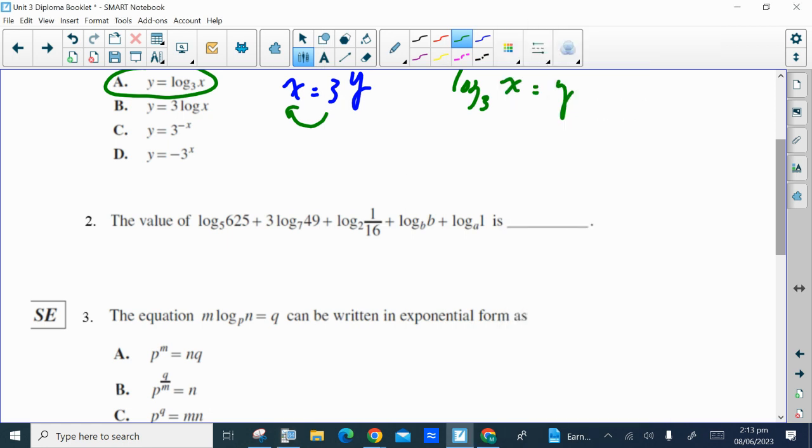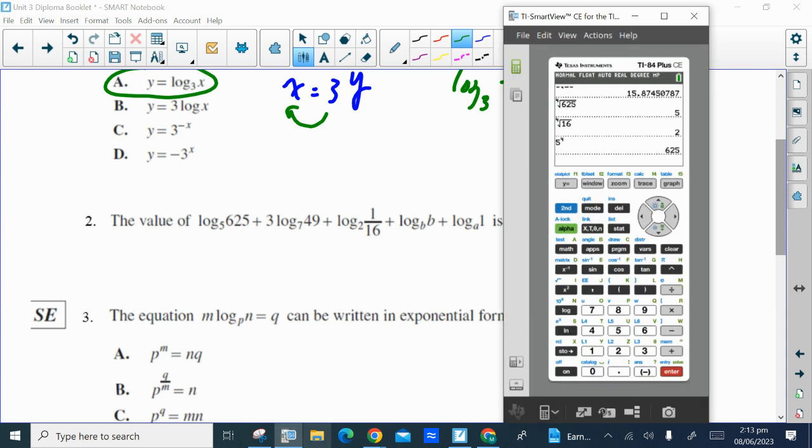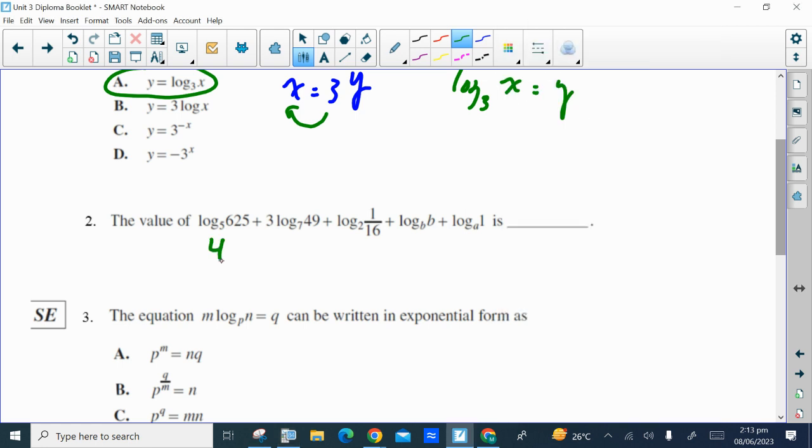Or you can use the calculator if you have the newer operating system, or use the change of base identity, log of 625 divided by the log of 5. No matter which way you do it, this is 4.